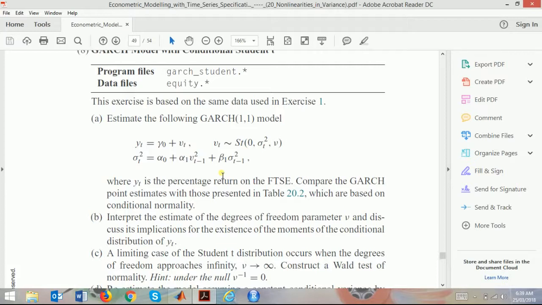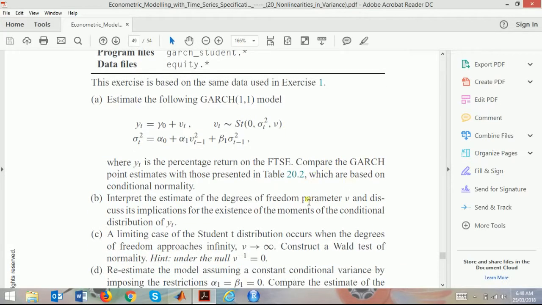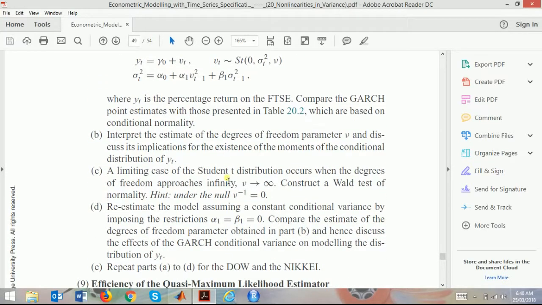Compare the GARCH point estimate with those presented in some table which are based on conditional normality. Interpret the estimate of degrees of freedom parameter tau. So we have to estimate tau this time and discuss its implication for the existence of moments of the conditional distribution of y. And then we are gonna talk a bit about asymptotics.